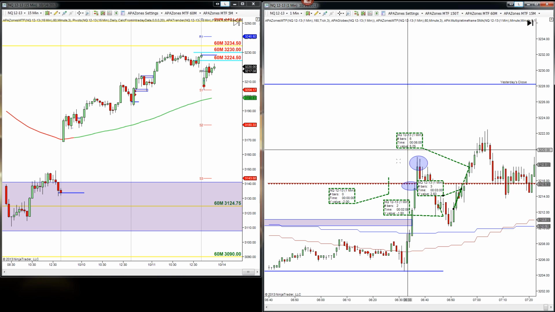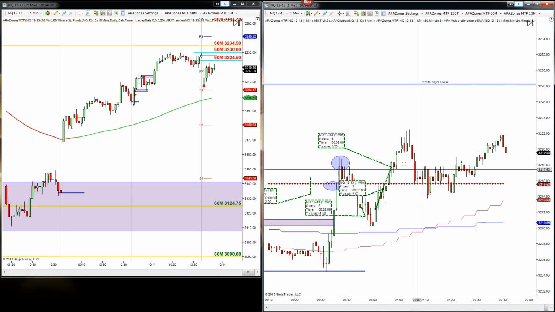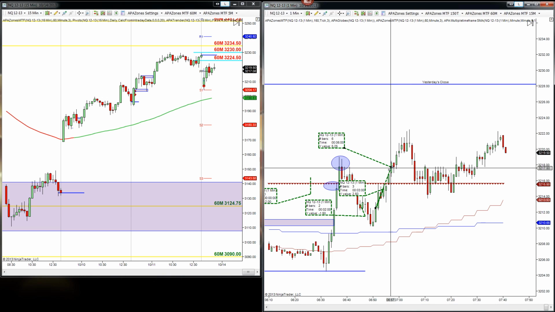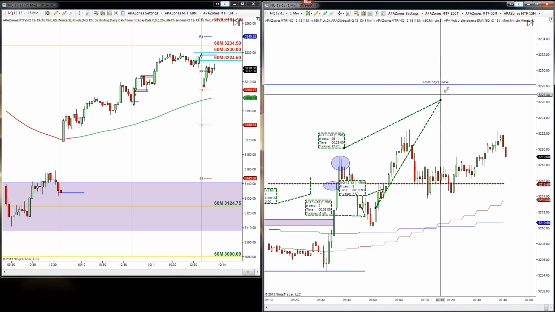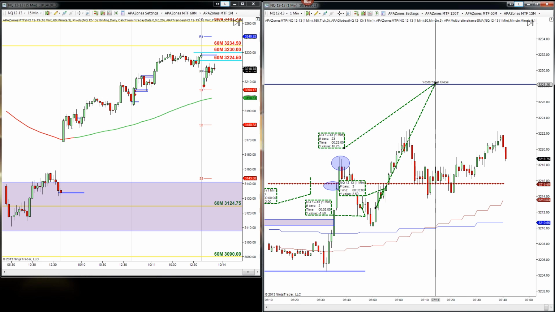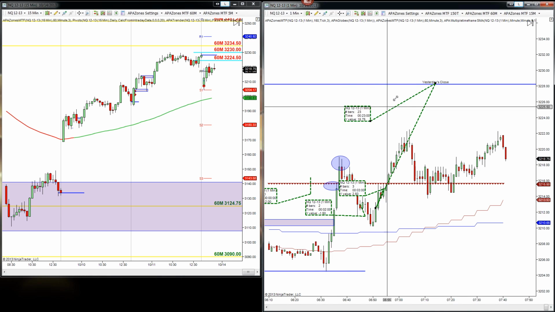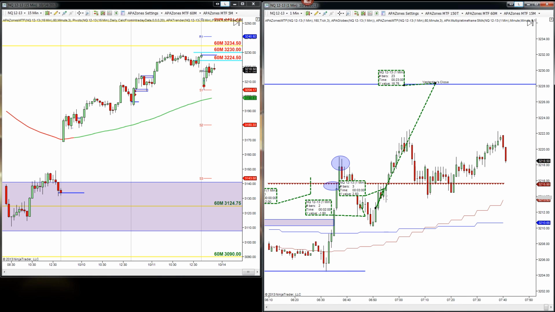I thought that was a good retest, trying to play the range or a possible range, and I'm still in this one here. I would like to see yesterday's close be hit, so that's about 15 points, and I've gone ahead and moved my stop to just below this level here.